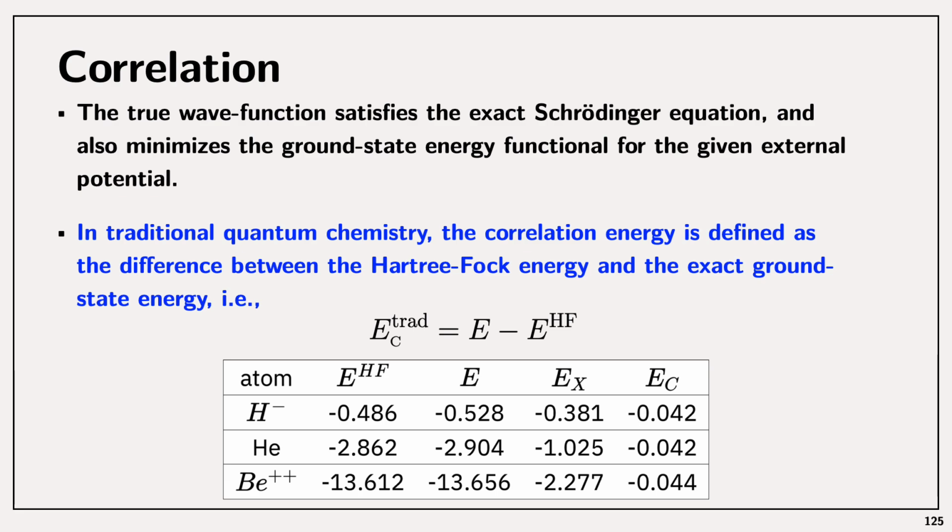So the piece that's exact, if you will, goes like Z squared. The piece that's not exact, the electron-electron interaction, goes like Z. So therefore, the proportion of what we don't get right compared to what we get right goes down as Z increases, right? That's one point, and I'm going to repeat it again on the next slide.